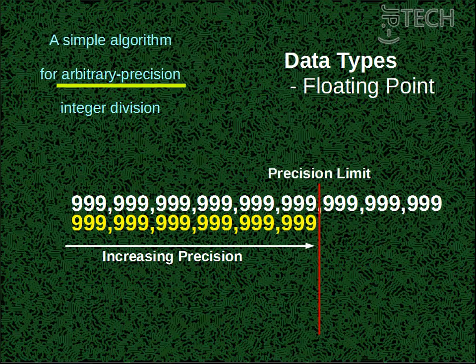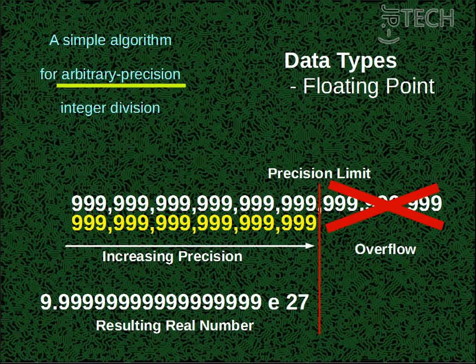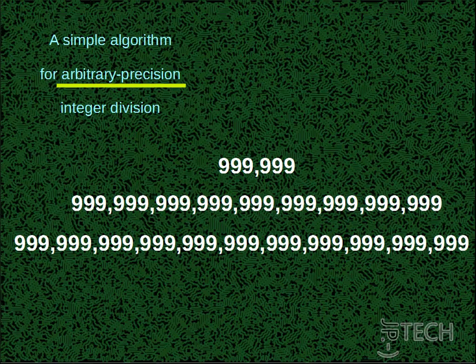With a floating point data type, the precision limit results in digits to the right being truncated. Again, arbitrary precision simply means a number of any size. And as we've seen, there are challenges representing an arbitrary number using the computer's built-in data types.